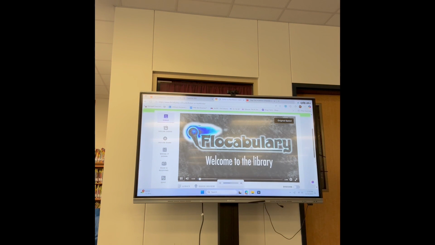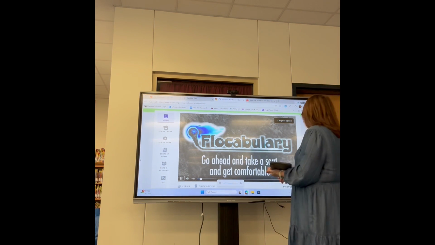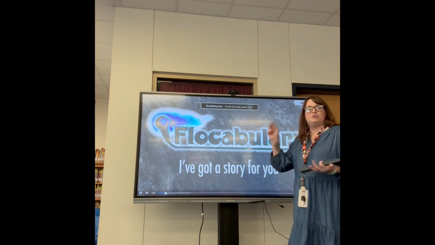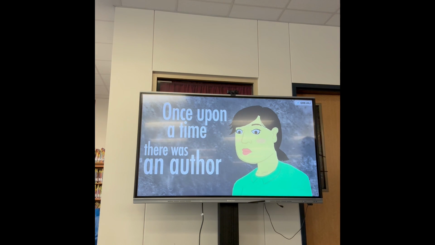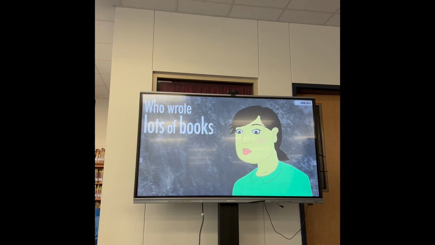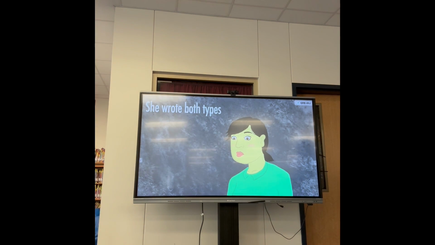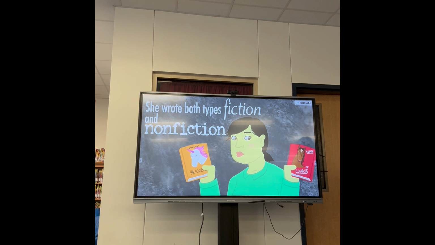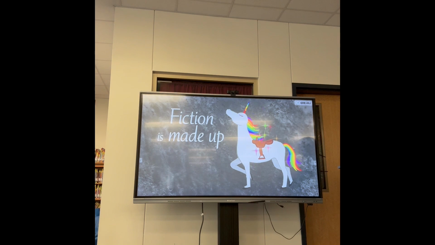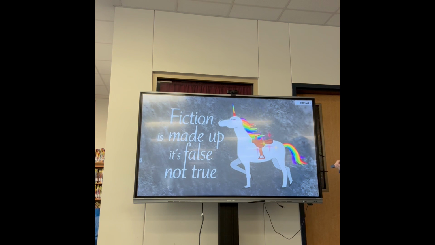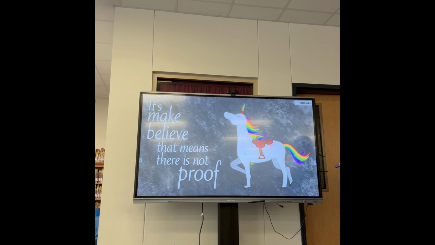Welcome to the library. Go ahead and take a seat and get comfortable. I got a story for you. It's only a couple minutes long. Once upon a time there was an author who wrote lots of books and had much to offer. She wrote both types, fiction and non-fiction. You don't know the difference? Well, come on, listen. Fiction is made up, it's false, not true. It's make-believe, that means there is not proof.